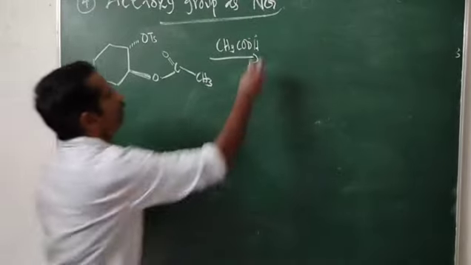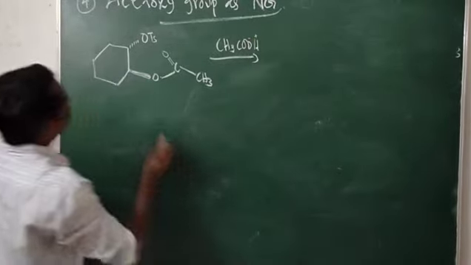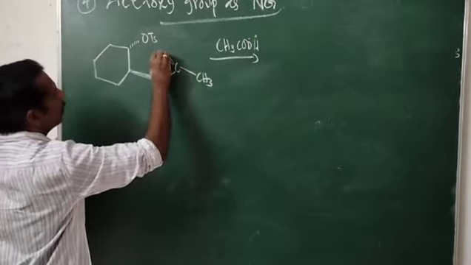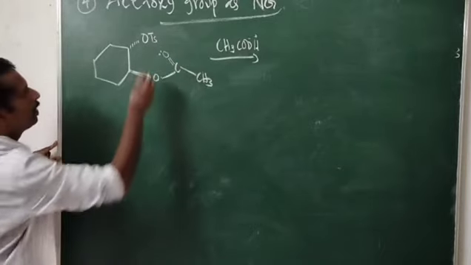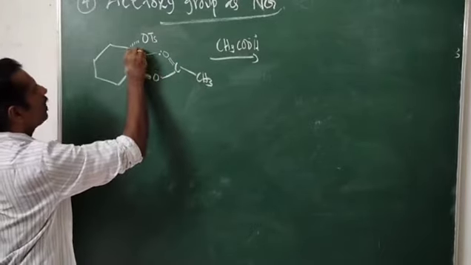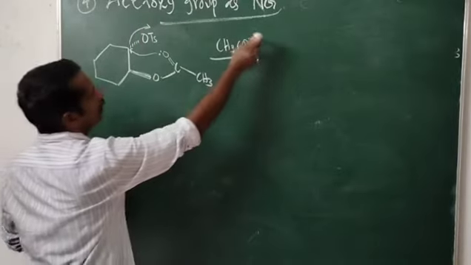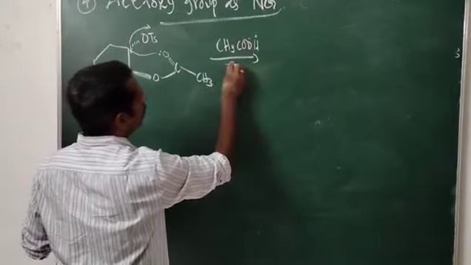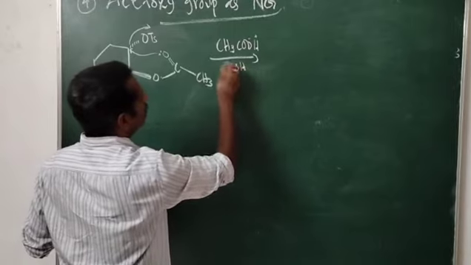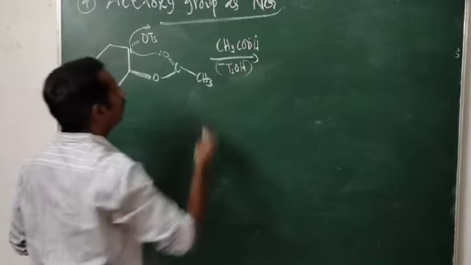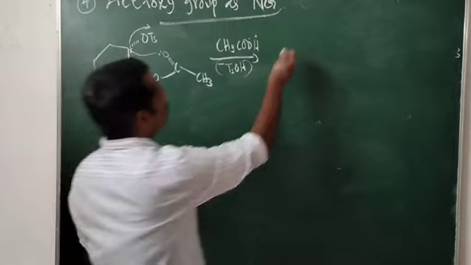Okay, now you can see that in the first step, this lone pair of electrons present on this oxygen will attack on this carbon, which will result in the elimination of OTS minus. It will take this H plus, and what you will get, TsOH will be removed. Then we get a structure like this.